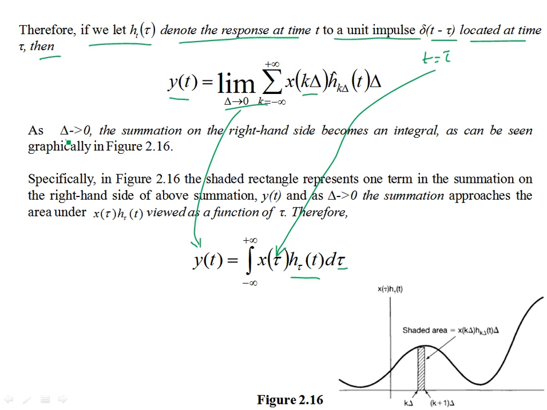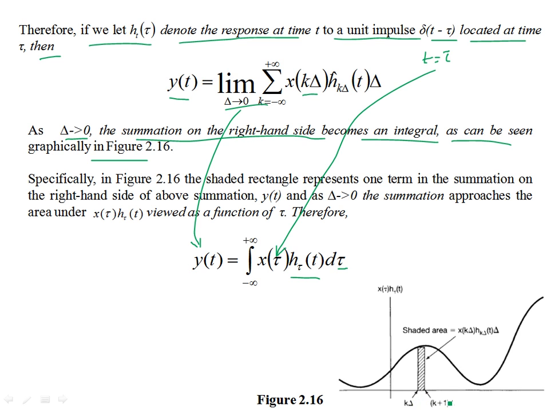As delta approaches 0, the summation on the right hand side becomes an integral. That's a natural extension, as can be seen graphically in figure 2.16. If you consider this summation, this represents a finite duration pulse having the width of delta.